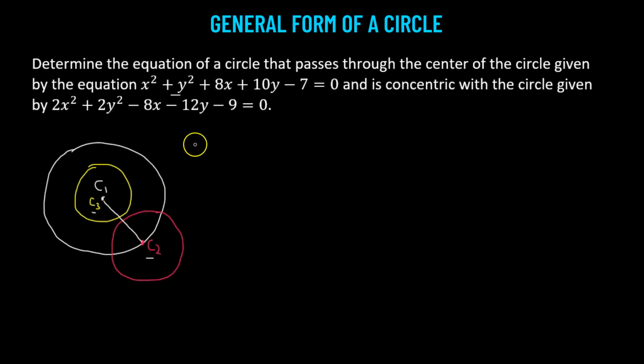So first we will start with this circle, which has a center C3. We have 2x squared plus 2y squared minus 8x minus 12y minus 9 equals 0. So this is the equation of the circle C3. Now, we'll try to compare it with the general form of a circle.